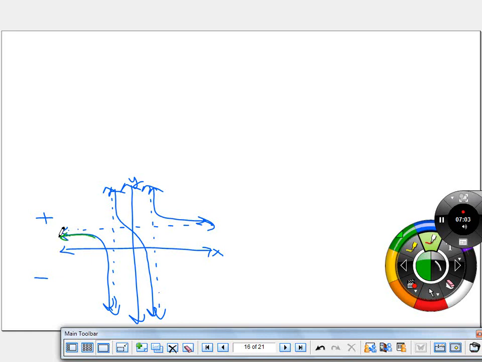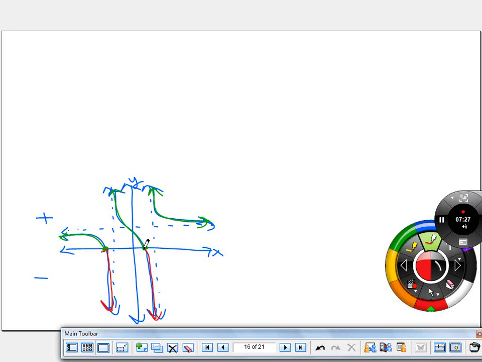So here and until we get to here, up here until we get to here, and all up here. And then I'm going to outline in red where the function has a negative y value, and that would be from here downward and from here downward.